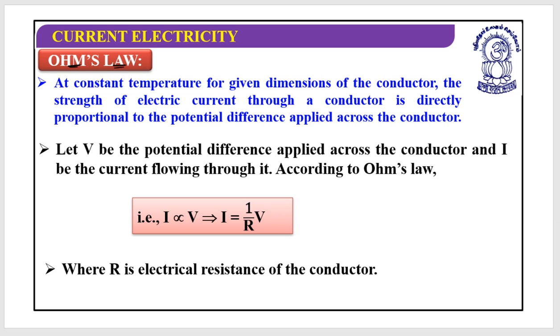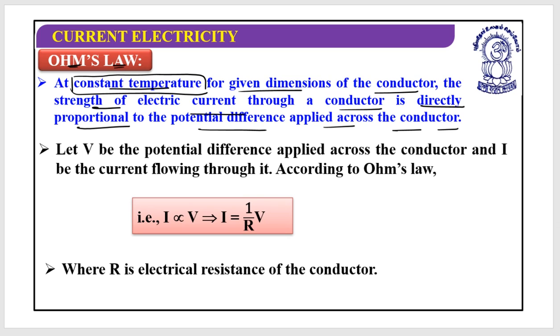What Ohm's law says is that at constant temperature, for given dimensions of the conductor, the strength of electric current through a conductor is directly proportional to the potential difference applied across the conductor. You must consider this term, at constant temperature.